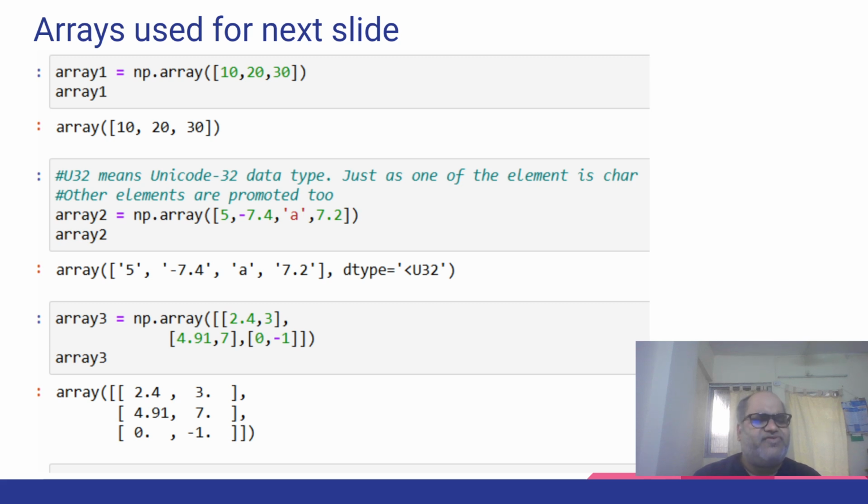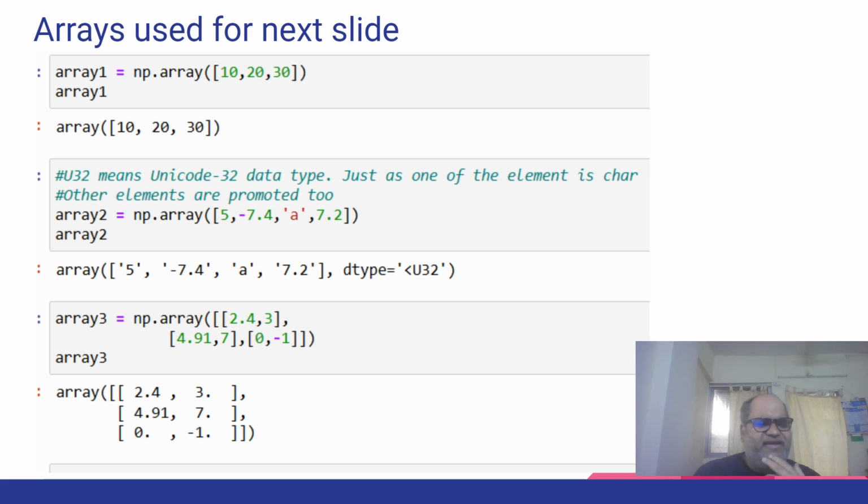We are creating some arrays here: array 1, array 2, and array 3, because we use them in the next slide. Array 1 is simply 10, 20, 30. For array 2, you have given an integer 5, a float minus 7.4, a string a, and a float 7.2.